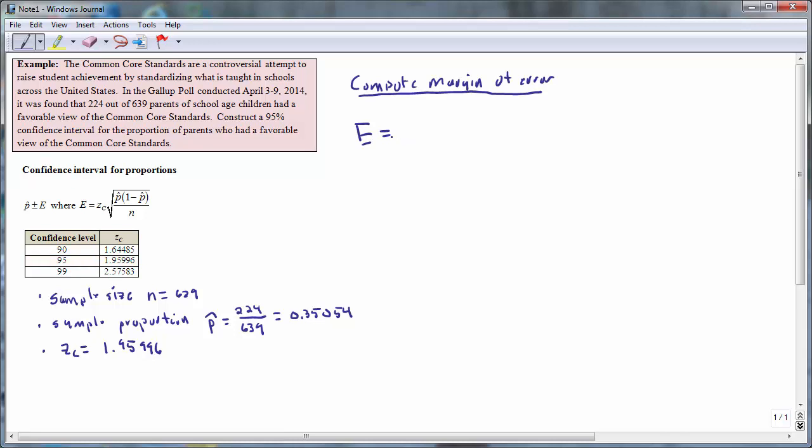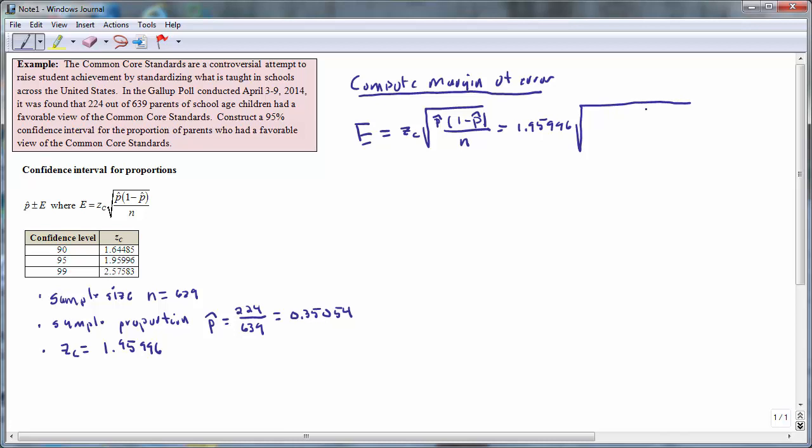So now we're in a position to calculate the margin of error. The margin of error is denoted using the letter E, and we can compute it using the formula z sub c times the square root of p hat times 1 minus p hat, all divided by n. Substitute in the numbers. z sub c is 1.95996.